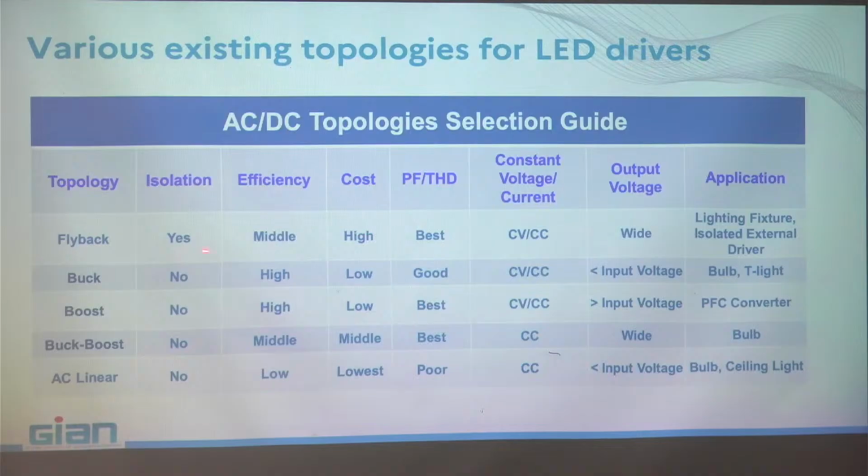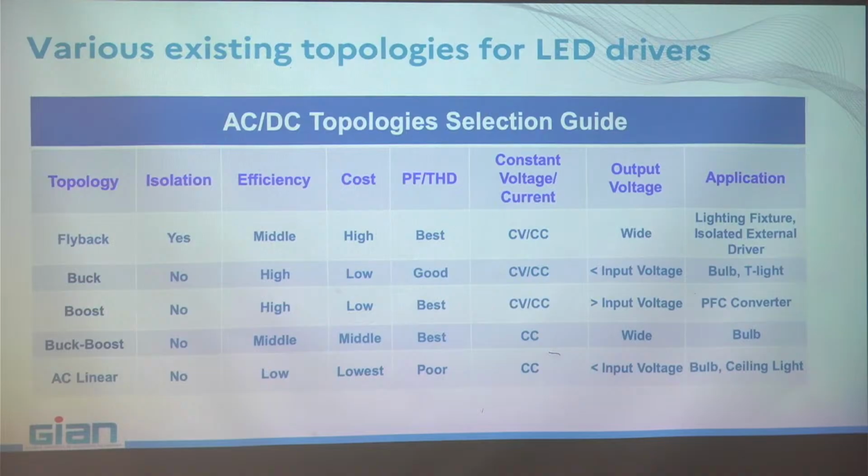And you have different characteristics concerning isolation, efficiency, cost, harmonic distortion, what kind of current you can input, what kind of current or voltage you can get on the other side, and what the main applications are in the domain of lighting.